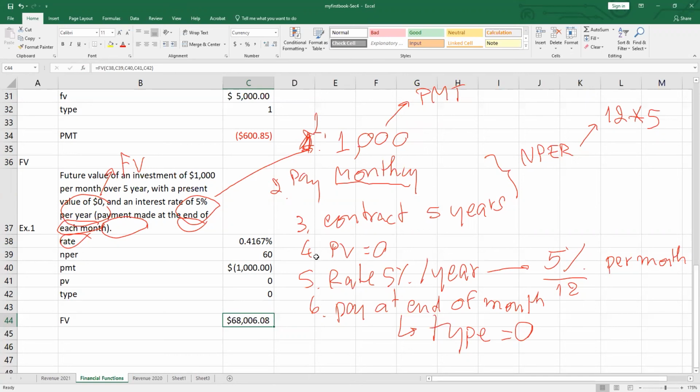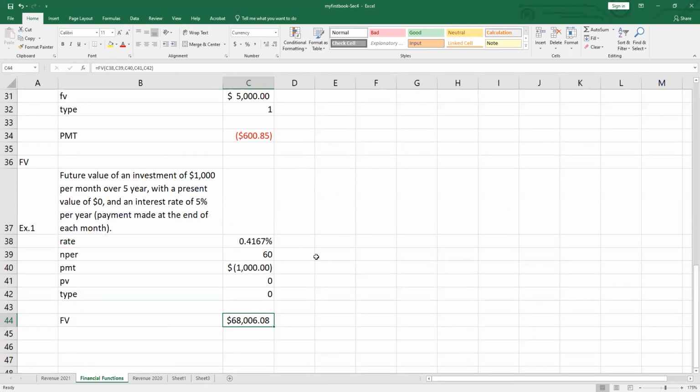Okay, if you don't have any questions about this, let me tell you one interesting piece of information. Let's have a look. In this example we pay out $1,000 per month, right, and we pay for 60 months.